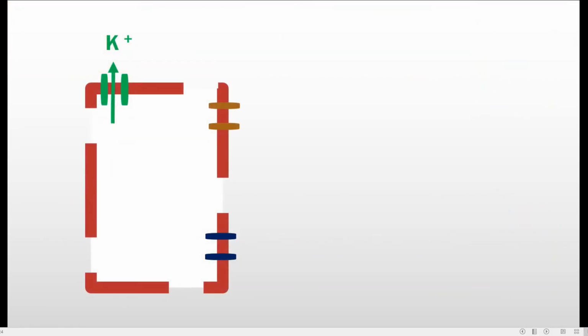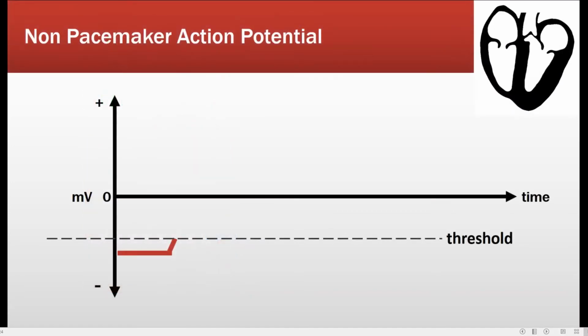Once you reach the threshold, you open your sodium gated ion channel. You increase more sodium inside your cell, on top of the sodium leaking in through your gap junctions. With more sodium inside your cell, your membrane becomes positive.